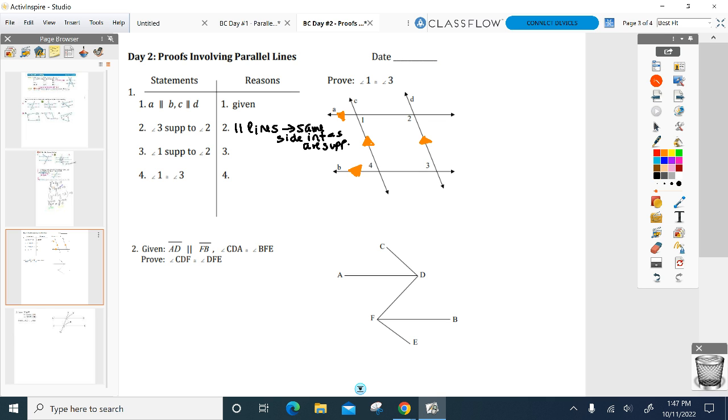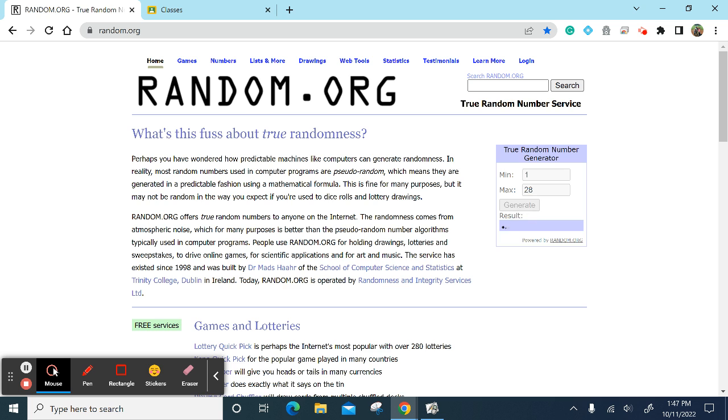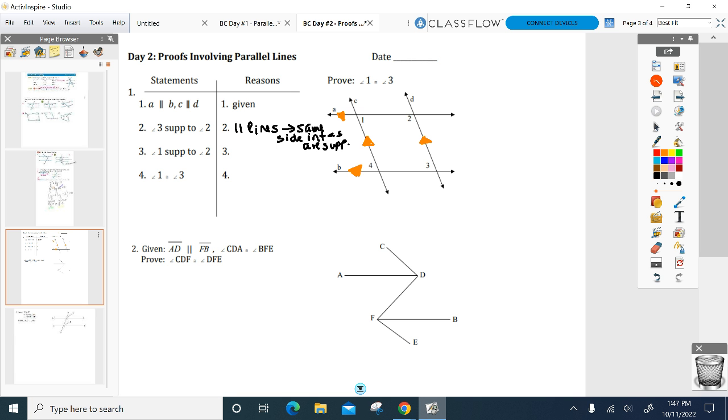Next, why is 1 supplementary to 2? Look at 1 and 2 in the diagram. What type of angles are 1 and 2 in the diagram? Let's hear from 3. What type of angles are 1 and 2? Inside or outside?